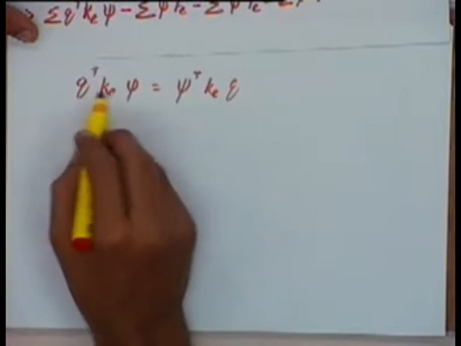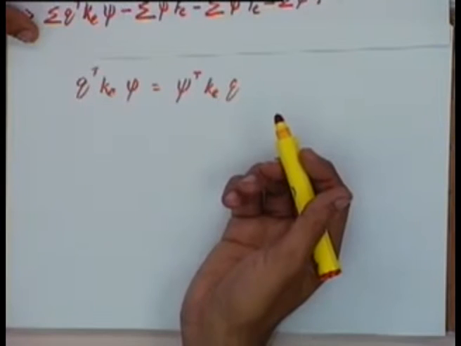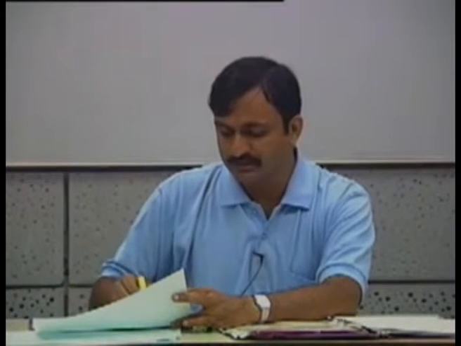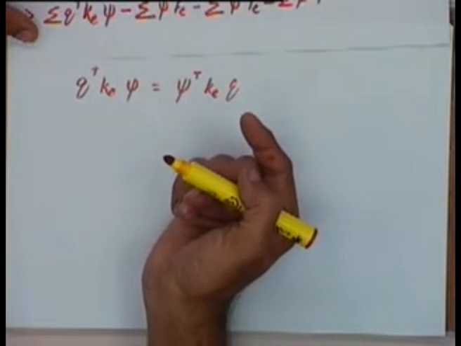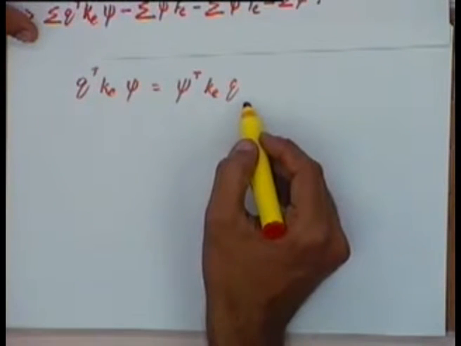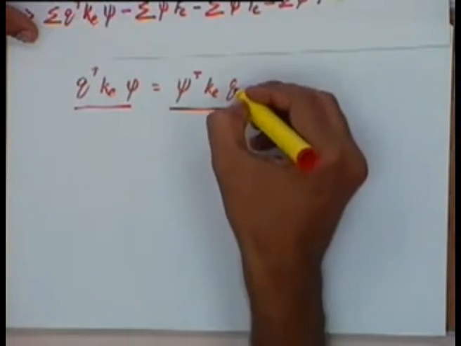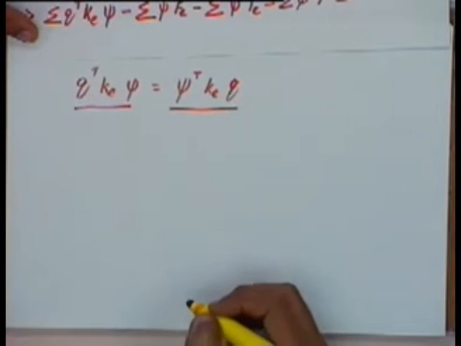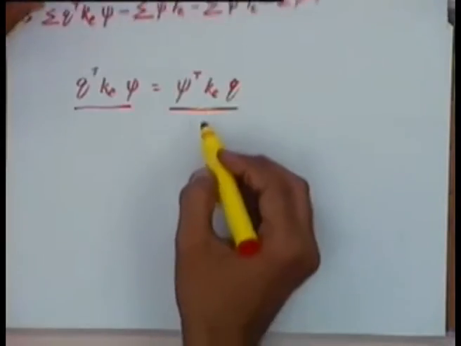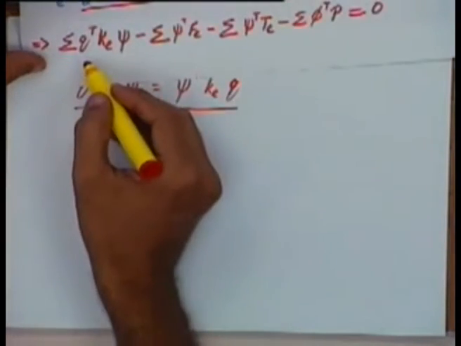Because Ke is symmetric, I can take a transpose without changing anything. This product of these three is just a single number. If I take the transpose, I will get this. So this is the same as this. I will use this expression from now onwards.